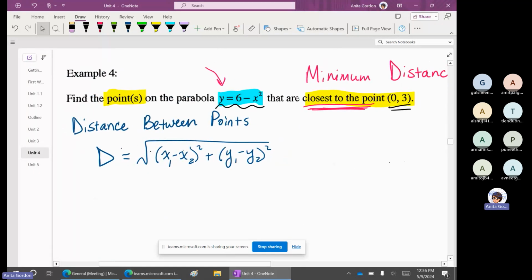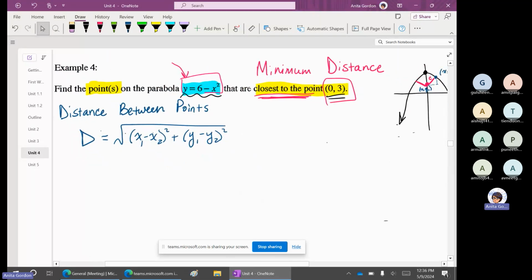Now, we know 1 point. We can label that as x1 or x2, doesn't matter, you pick. The other point, however, we have a function, right? So when I go to substitute here, I'm going to use the coordinate I know and the function that I have.